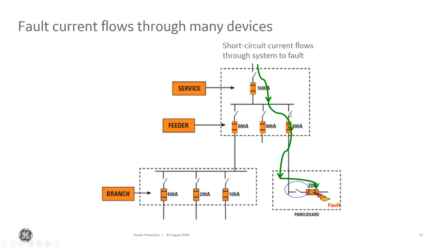Because there's no other load off of that breaker, the main feeder breaker could be rated at 200 amps. But once we go up to the source, the utility or the main breaker, that has to be a higher rating, because now it's getting current that feeds all three of those feeders. So you have to be careful when you're rating equipment. You need to know what the application is and where that equipment is going to reside in your power system.